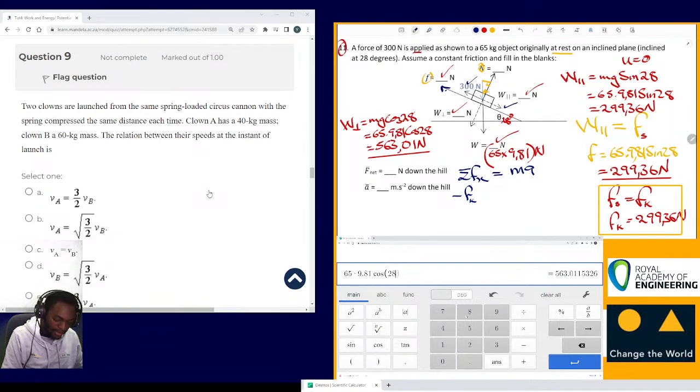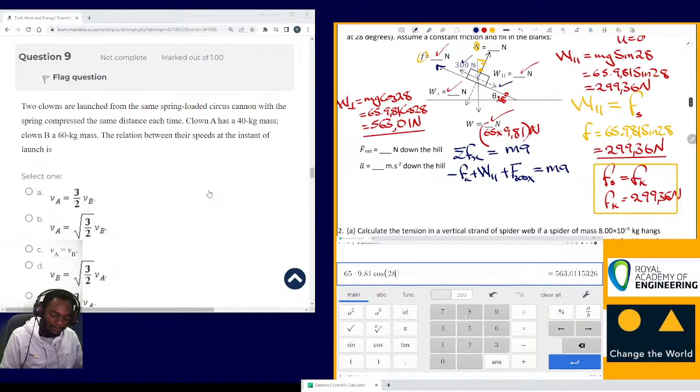So we add the component of the weight down the slope plus the component of the 300 newton force in the x, and that is equal to ma. Okay, now what do we do next?